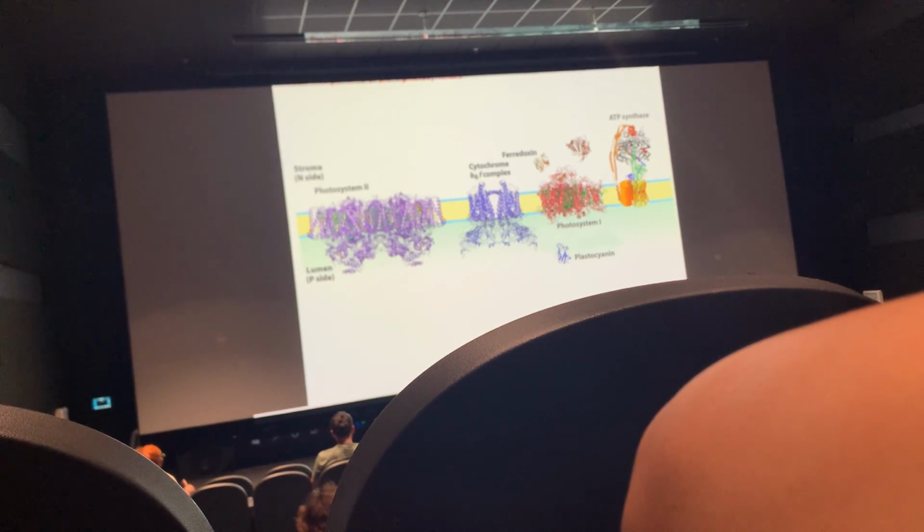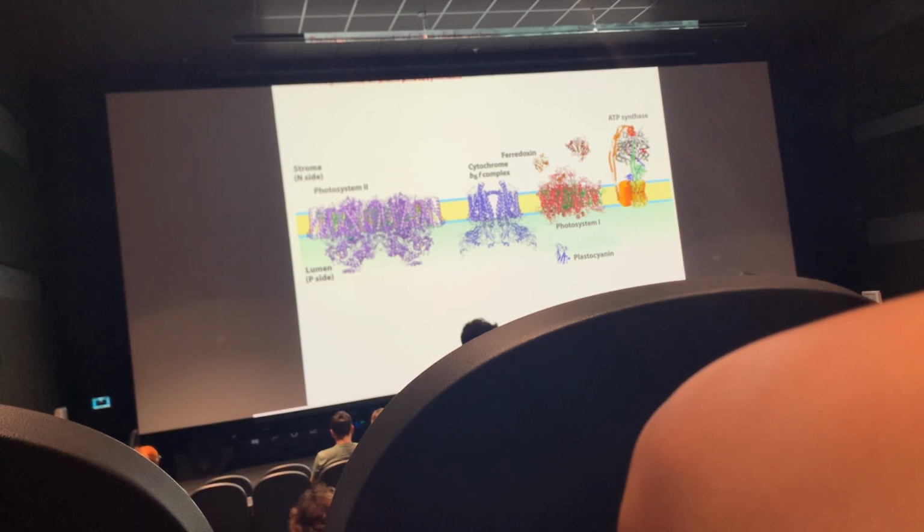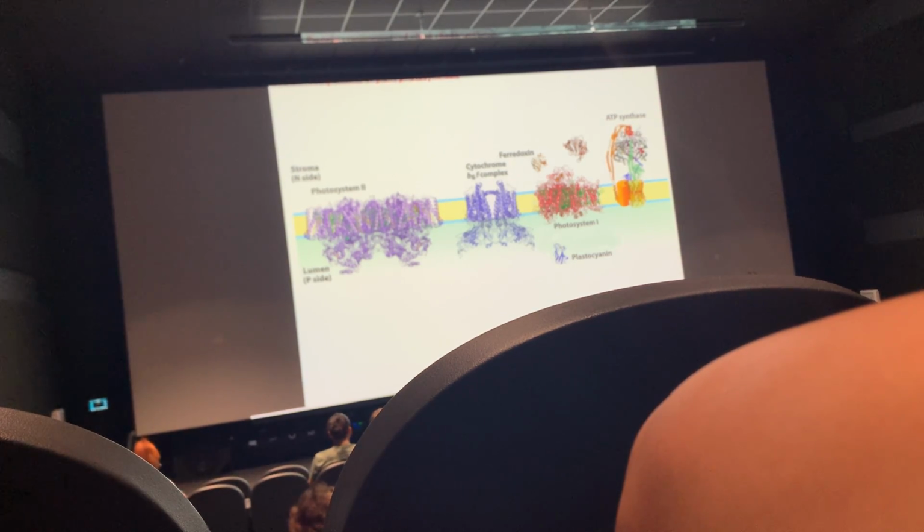So here, in terms of orientation, the lumen, this is inside the thylakoid sacs. This is the liquid in here. The thylakoid membrane is this bilayer that most of these proteins are embedded in.